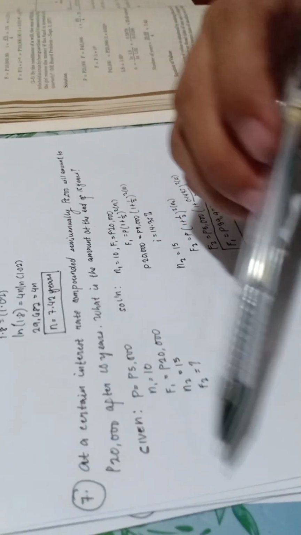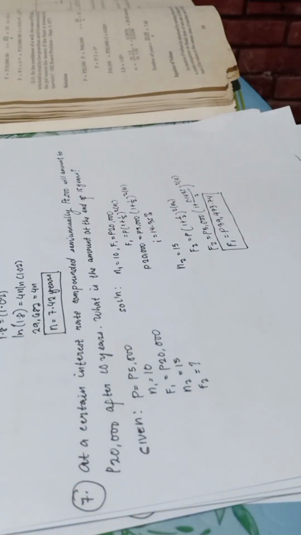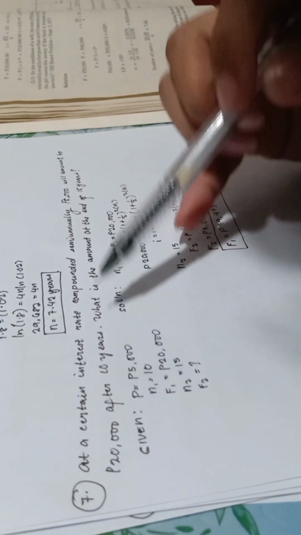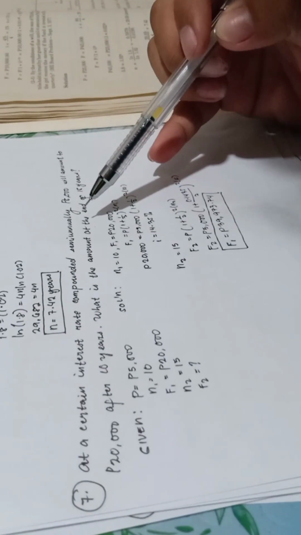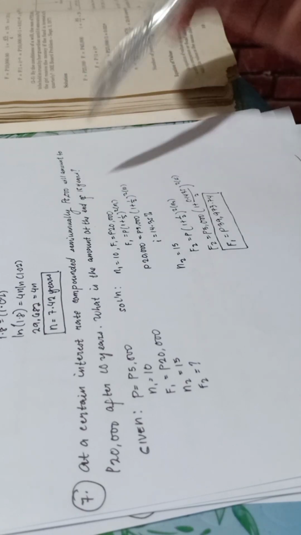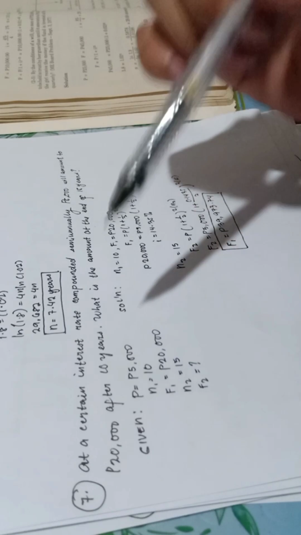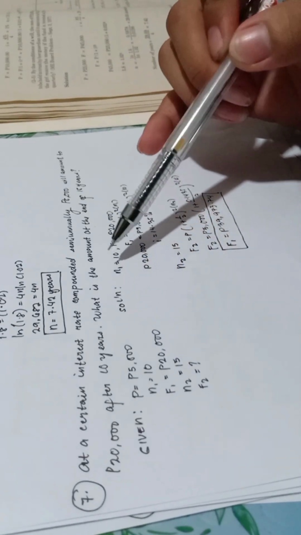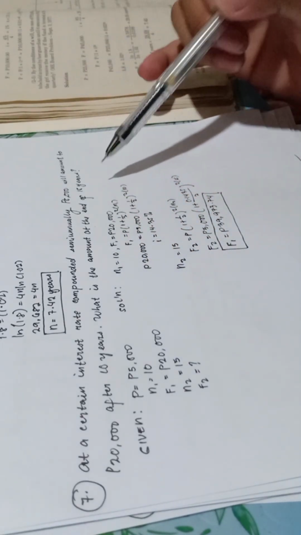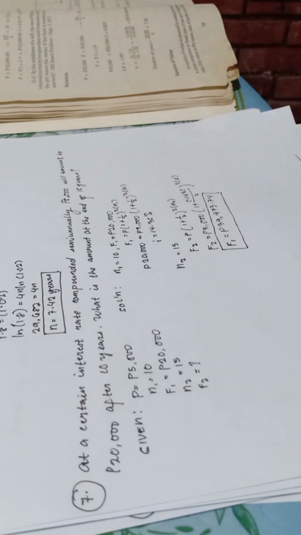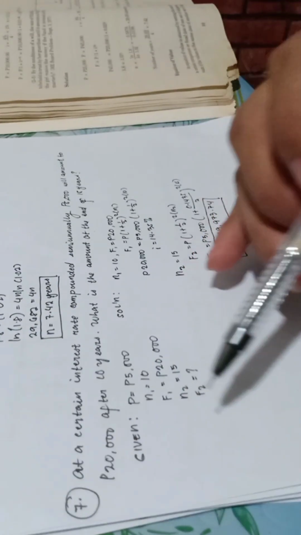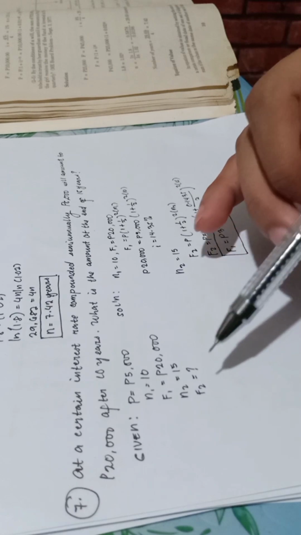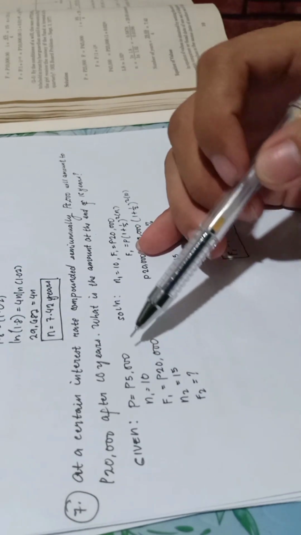So proceed to problem number 7. At a certain interest rate compounded semi-annually, 5,000 pesos will amount to 20,000 pesos after 10 years. So what is the amount at the end of 15 years? The given principal or present worth is 5,000 pesos.